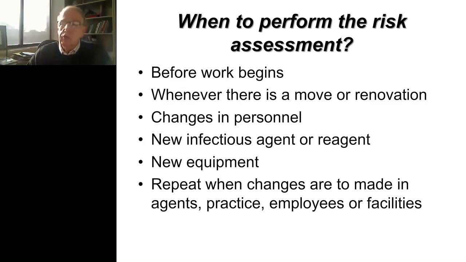Even before you purchase that equipment, do the risk assessment to see what risk there may be of acquiring an infection from that piece of equipment. And you repeat the process when there are changes made to reagents, practices, employees, or your facilities. So there are a lot of different times to consider performing the risk assessment.